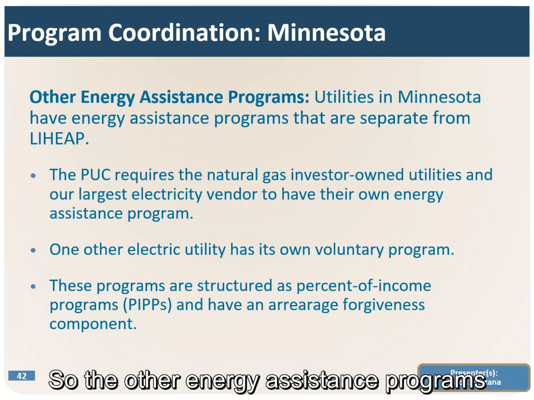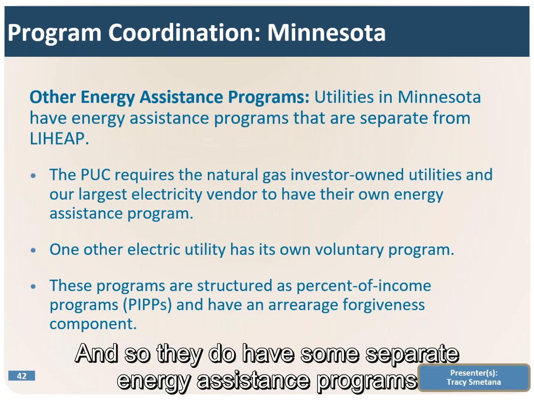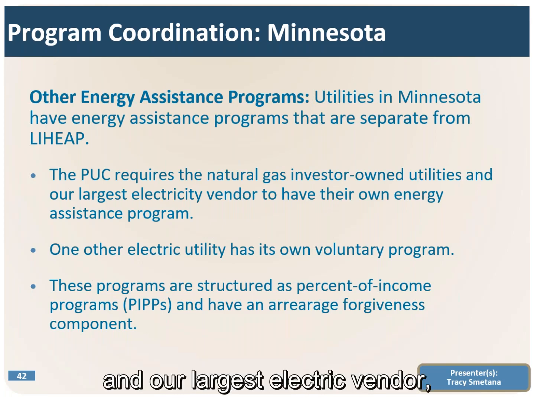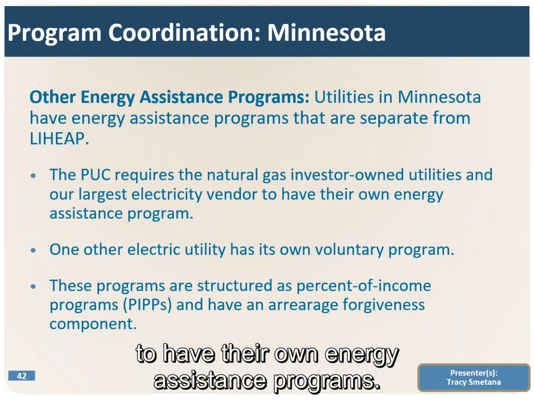So the other energy assistance programs that I'm going to talk about today are utility-run programs. And so they do have some separate energy assistance programs from LIHEAP, and the investor-owned natural gas utilities and our largest electric vendor, which is Xcel Energy, are required by statute to have their own energy assistance programs.